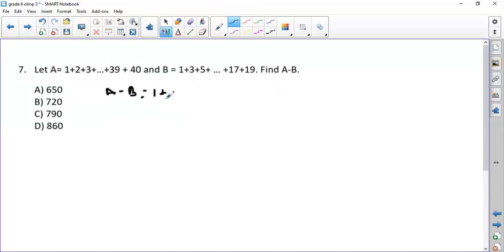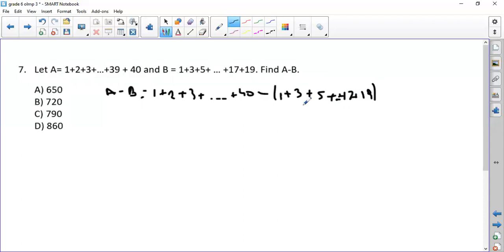1 plus 2 plus 3, and it continues, plus 40, minus, let's put bracket here, 1 plus 3 plus 5 plus 17. This one continues, and plus 19.